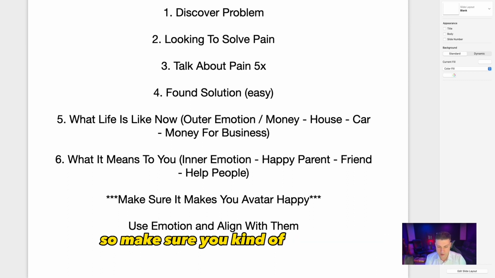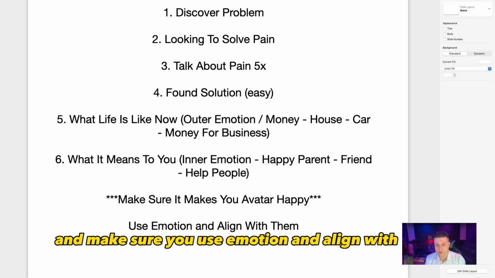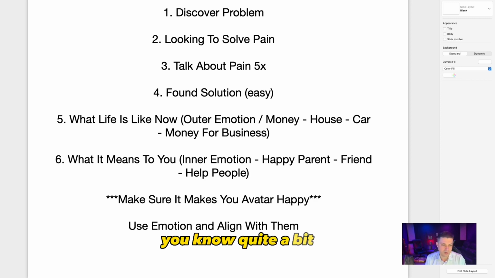So make sure you nail that down and talk to those people's problems a little more specifically. Like I said at the bottom here, make sure it makes your avatar happy. That's super important. You want to connect and align with their feelings, and make sure you use emotion and align with them. I stress that quite a bit.